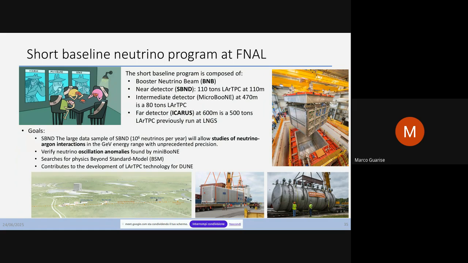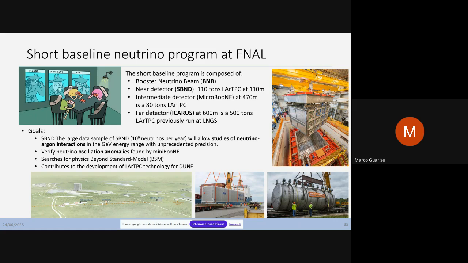SBND has two main goals. One is to test neutrino-argon interactions, also related to the DUNE project, in the GeV energy range.